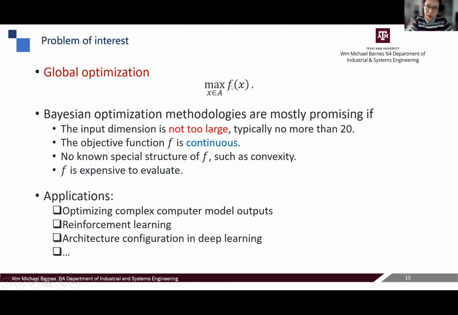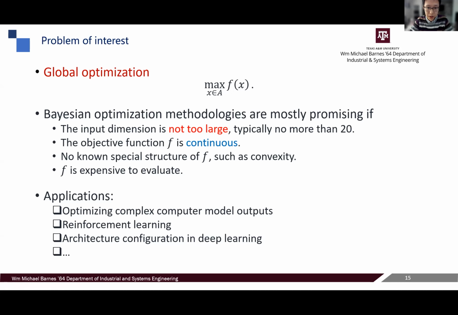Or think about if this F is your engineering design or manufacturing process, and you want to maximize the performance of this process. If the input space is not so small and the computer code is expensive to evaluate, you may need this Bayesian optimization method.